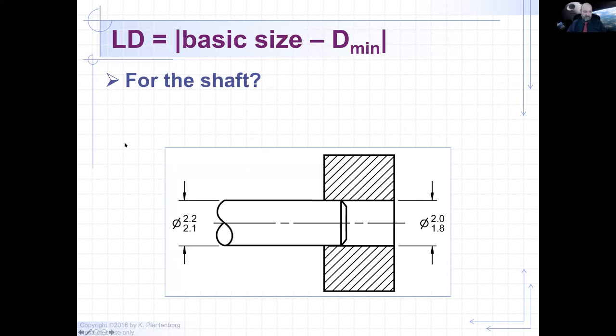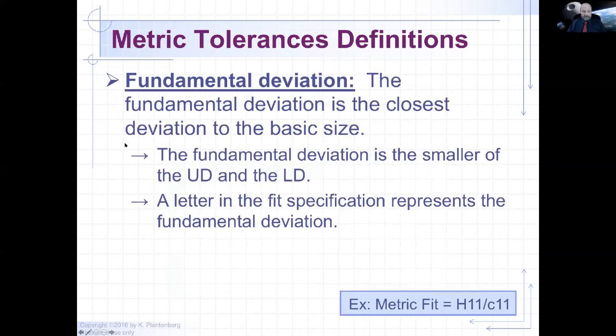Okay, very good. And then there's the fundamental deviation. Okay, the fundamental deviation is the closest deviation to the basic size. So the fundamental deviation is the smaller of the upper deviation and the lower deviation. Okay, a letter in the fit specification represents the fundamental deviation.